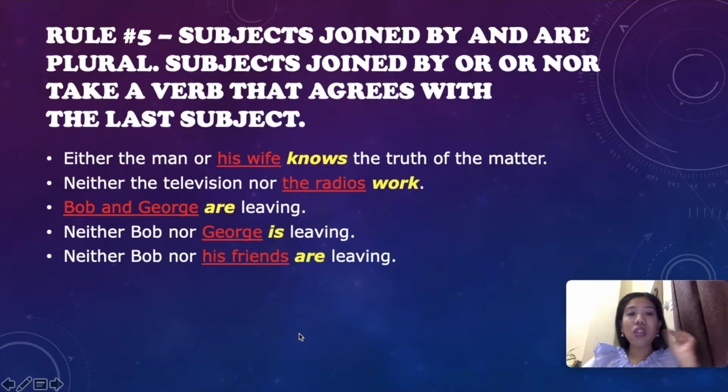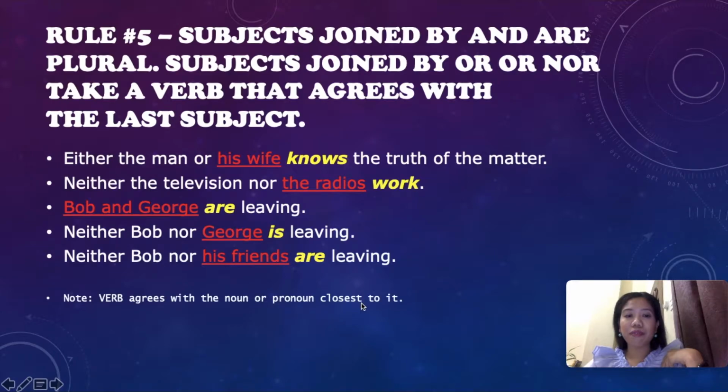But here, "Neither Bob nor his friends are leaving." So it changed because the last subject is in plural form. So of course, our verb should also be in plural form. Again, note, another takeaway: the verb agrees with the noun or pronoun closest to it.